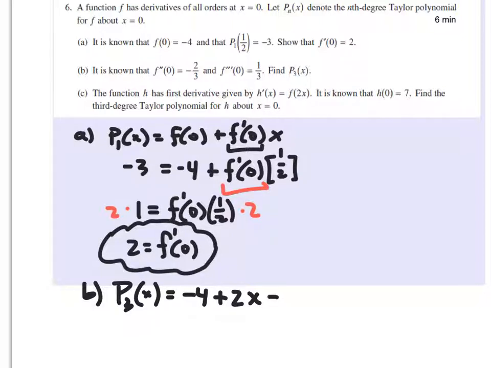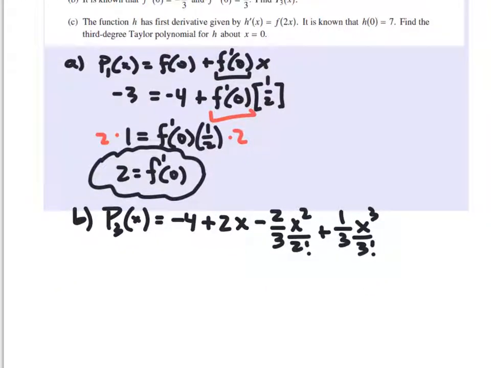I'm putting a minus there because I know this is 2/3. That'd be x squared over 2 factorial. Okay, and then the third derivative is 1/3. That'd be x cubed. Of course, don't forget the 3 factorial.